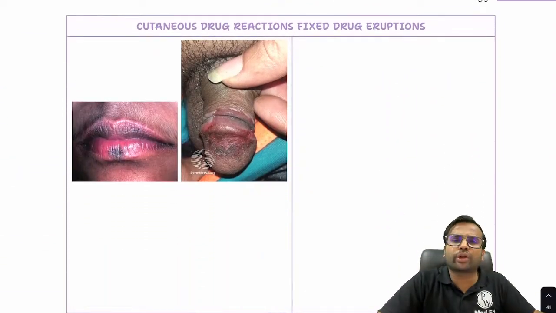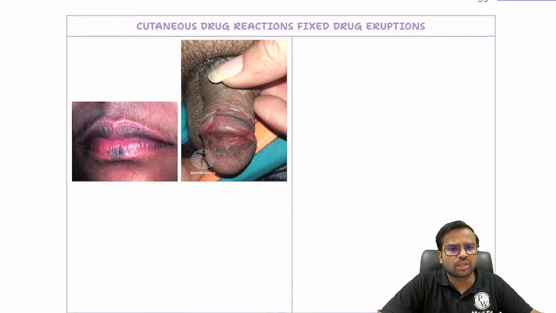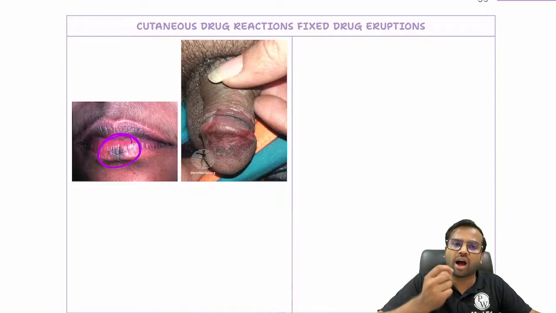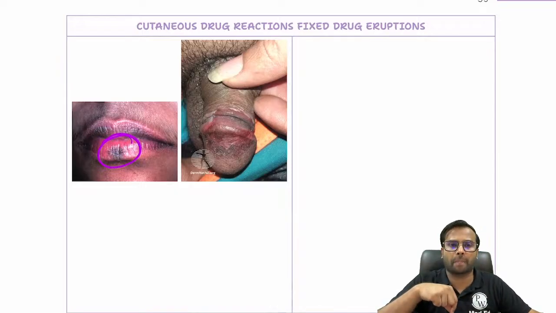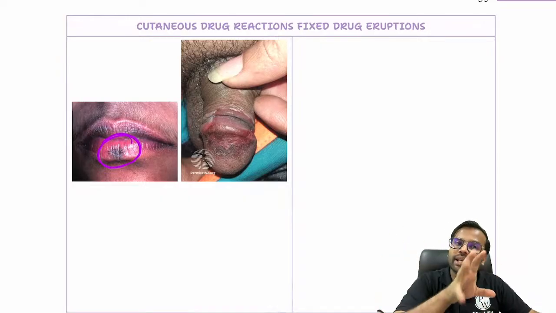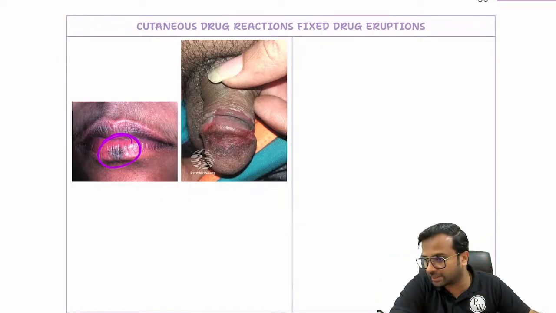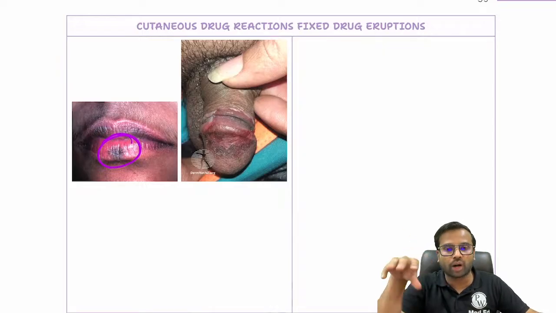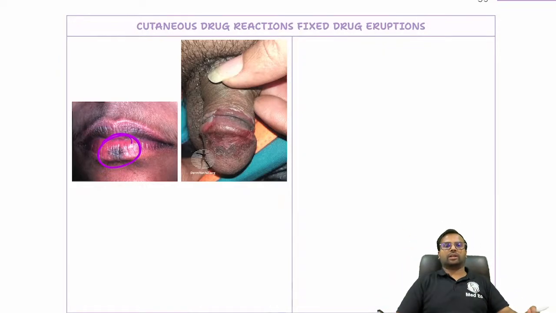And few things about cutaneous drug eruptions. So what if a patient develops a hyperpigmented macule or a patch after taking a drug? And every time the patient takes the same drug, the lesion reappears at the same site. Based on this history, can anybody answer what is the type of drug eruption?